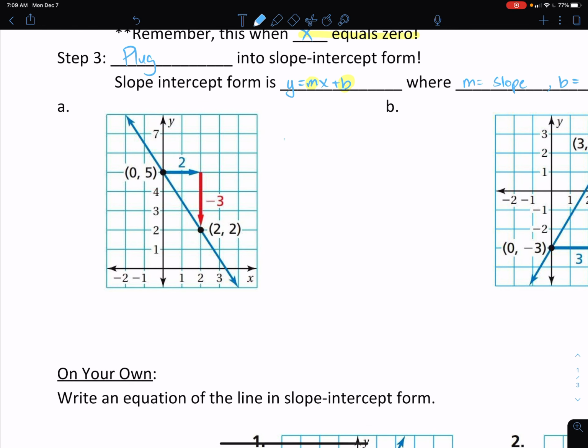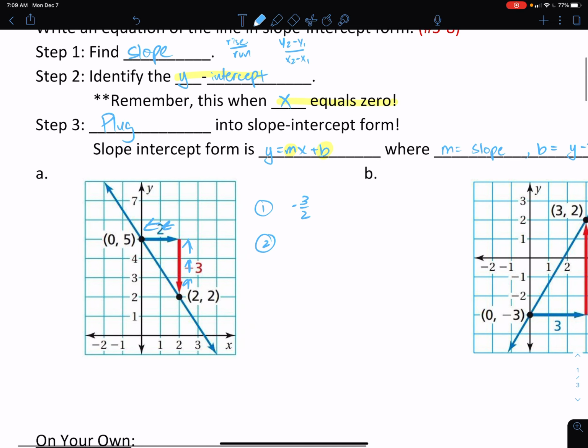Remember, step 1 is to find your slope. It looks like rise over run. So it's the same thing. You go up 1, 2, 3, left 1, 2. So it's negative 3 over 2. My b, okay, remember, I said when my x is equal to 0.